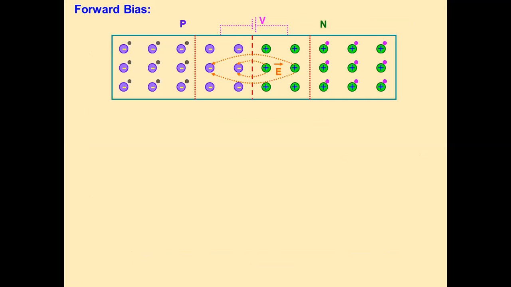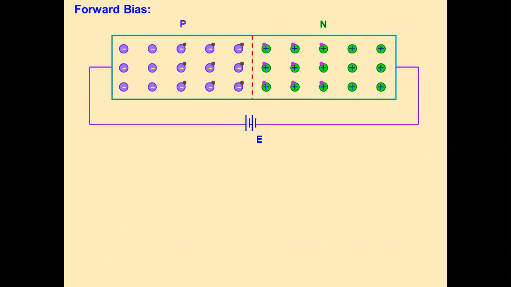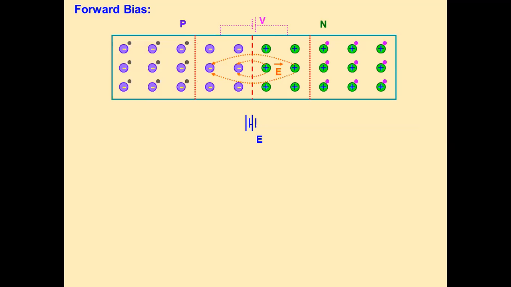So for the motion of these electrons and holes, it is necessary to apply some external voltage across this junction. This external voltage is known as biasing of PN junction, and there are two types of biasing known as forward biasing and reverse biasing.